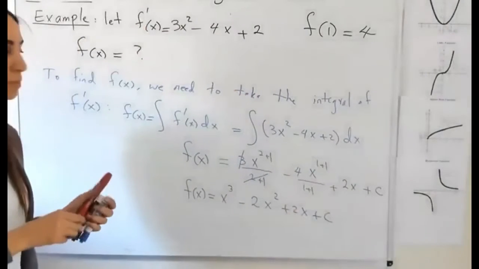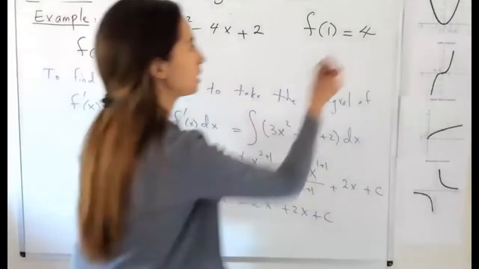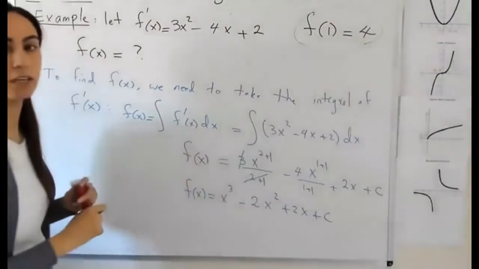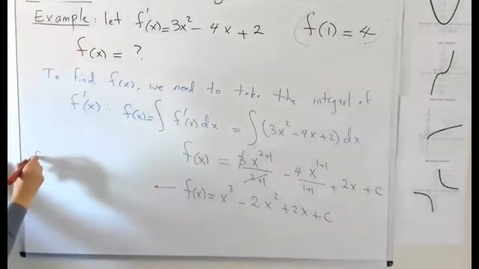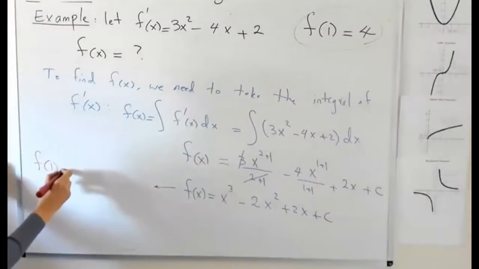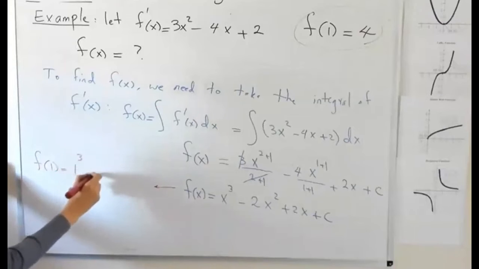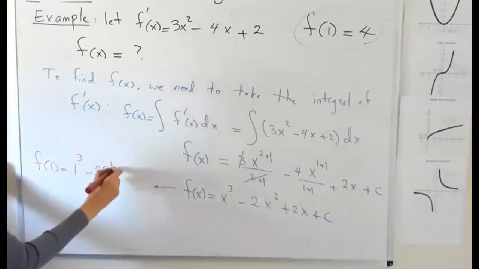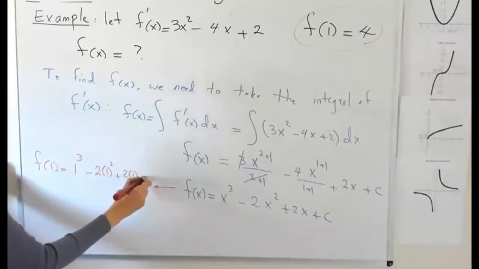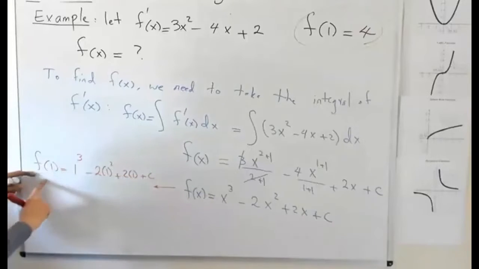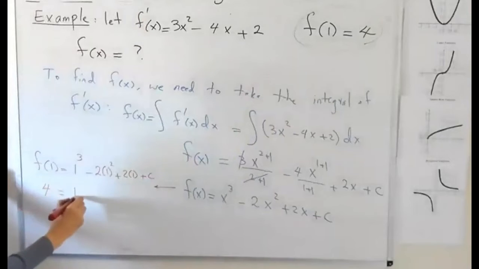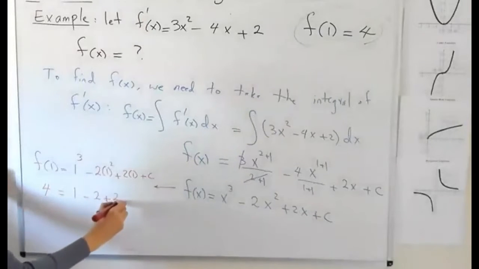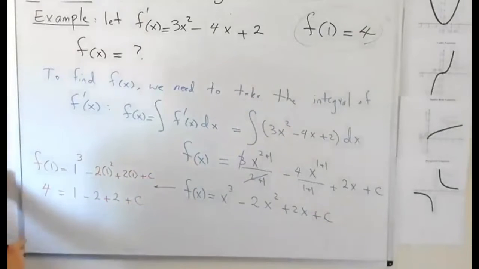You have another piece of information here. It says f at 1 is equal to 4. So take a look at this. F at 1 is equal to 1 cubed minus 2 times 1 squared plus 2 times 1 plus c. F of 1 is equal to 4, so 4 is equal to 1 minus 2 plus 2 plus c.